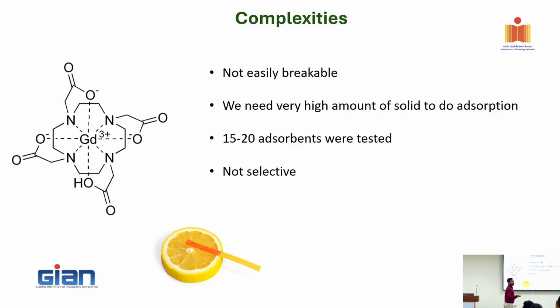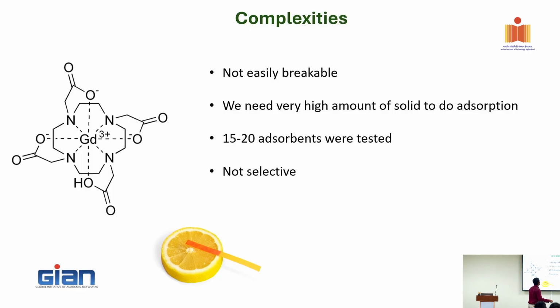It's not easy to adsorb with any of the existing materials. The first difficulty we faced was how to break these complex molecules and adsorb them. We tested tens, twenties, thirties of different types of available media, and every time we failed, because none of them are able to break and adsorb this huge complex material.